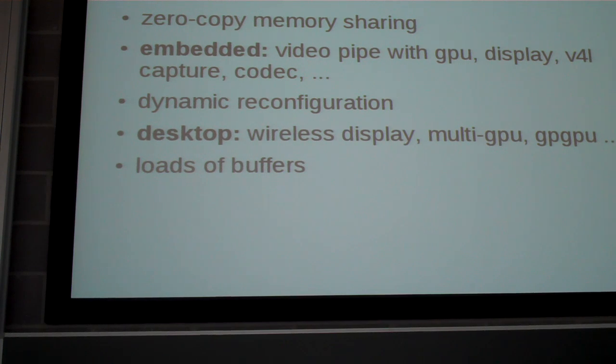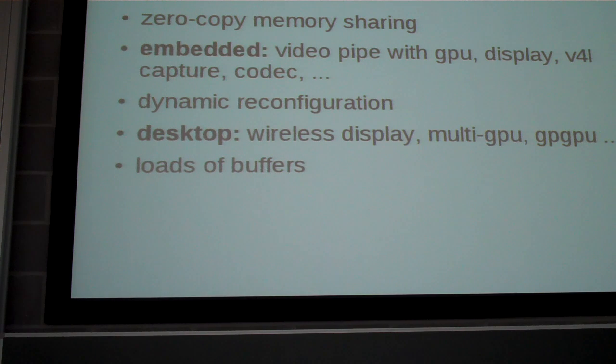This sharing of buffers is also very much useful on the desktop. One use case is wireless display, where your display output isn't connected to the GPU anymore, but gets encoded, I think, with an MPEG stream and then put out over the Wi-Fi chip. And of course, multi-GPU: if you have more than one GPU, you need some means to move the memory, or the pictures, from one GPU to the other, and that's better done without copying.